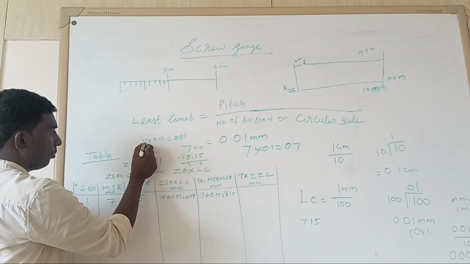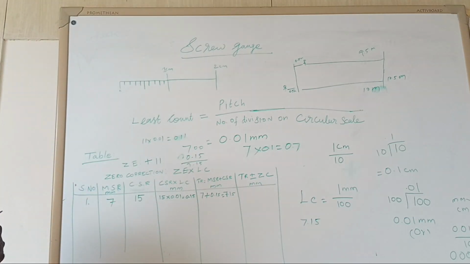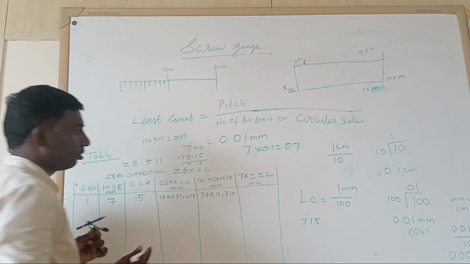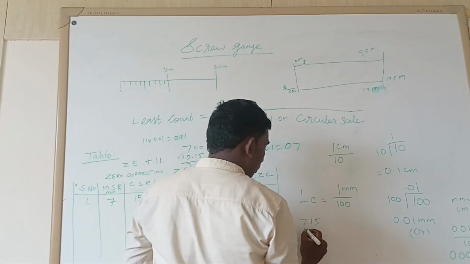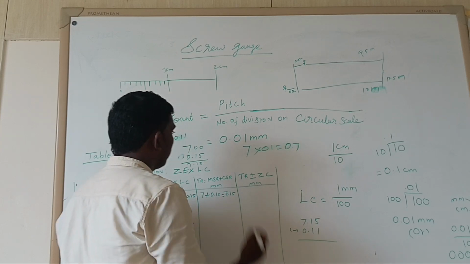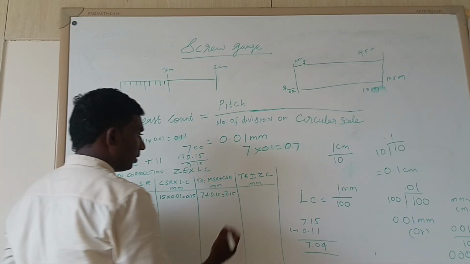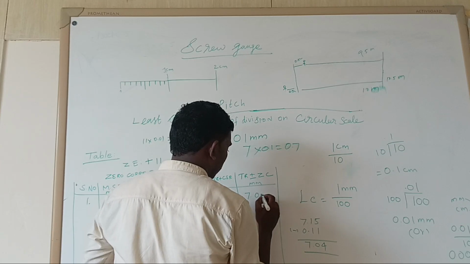Okay, there is 1 digit, 2 digits. If you put the point here, 0.11. So if you minus this one, because the positive here we can look at.